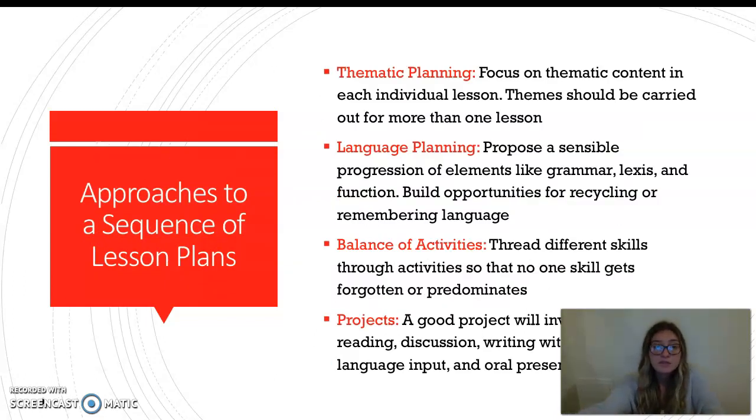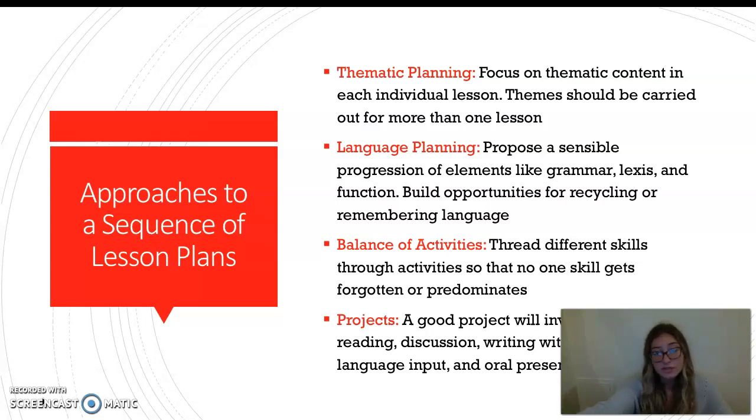Now, for sequence of lesson plans, a sequence of lessons plan would be for when you need to plan lessons a week or a month in advance for a syllabus or a curriculum, for an entire semester. Approaches to a sequence of lesson plans include thematic planning. So focus on a thematic content in each individual lesson. Themes should be carried out for more than one lesson.